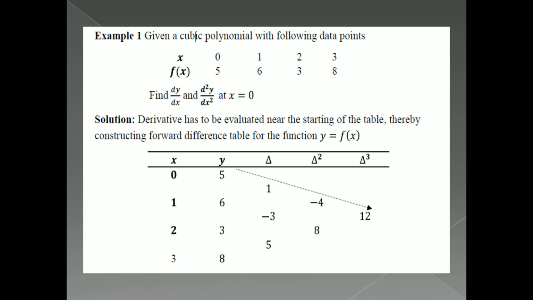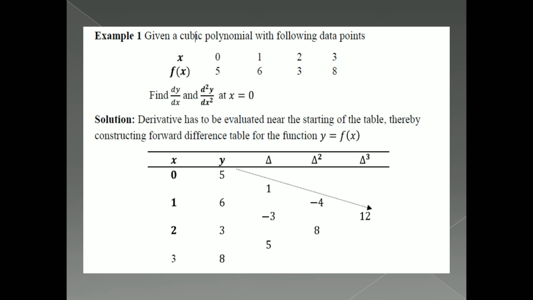Here we see the data points, the value of x, that is 0, 1, 2, 3. All these values are equidistant or equispaced. The difference between any two consecutive values of x remains constant, and the corresponding value of y with each value of x is given by f of x. They are 5, 6, 3, 8.